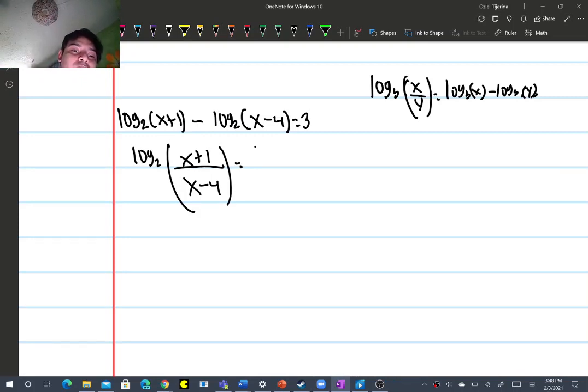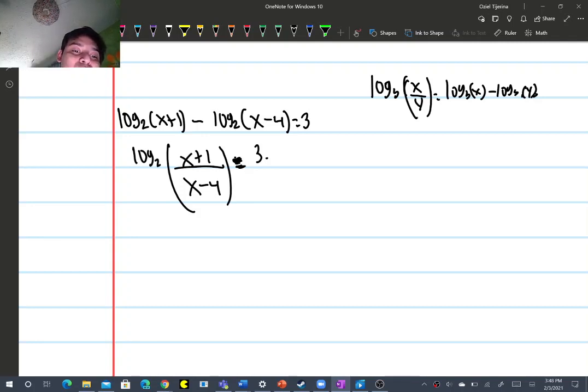It's going to be equals 3. You're not going to take the log of both sides yet. Please do not do that. Do not say log base 2 of 3, because then you're going to think that this is what you make it equal to. Just keep it as it is, okay?